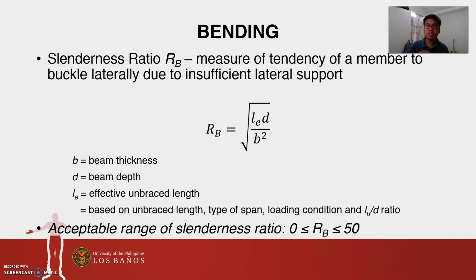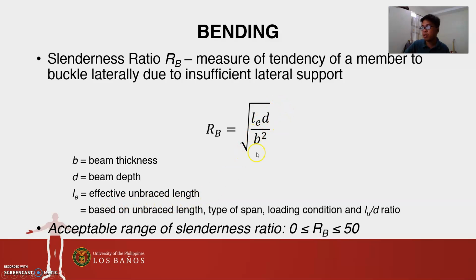So if the slenderness ratio is high, the tendency to buckle is also high, and the strength of the member is low. But if the slenderness ratio is low, then the tendency to buckle is also low, but the strength is high.